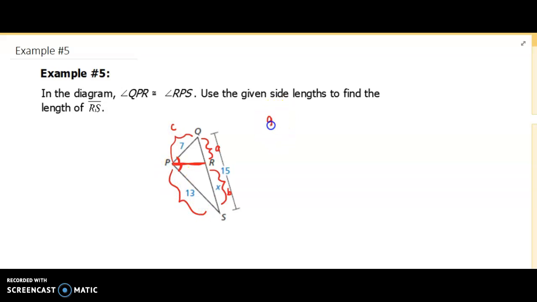So I know A over B equals C over D. Now I can just substitute. I don't know A. We'll come back to that. I know B is X equals C is 7 and D, I didn't mark it, is 13.